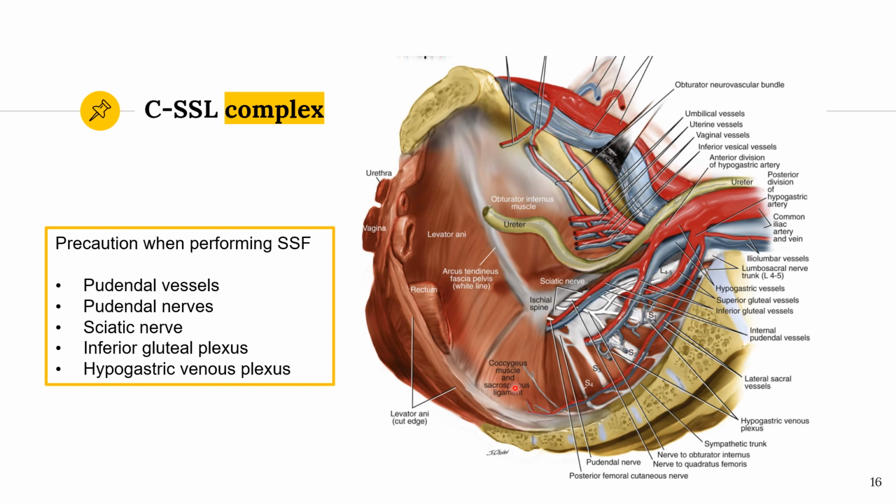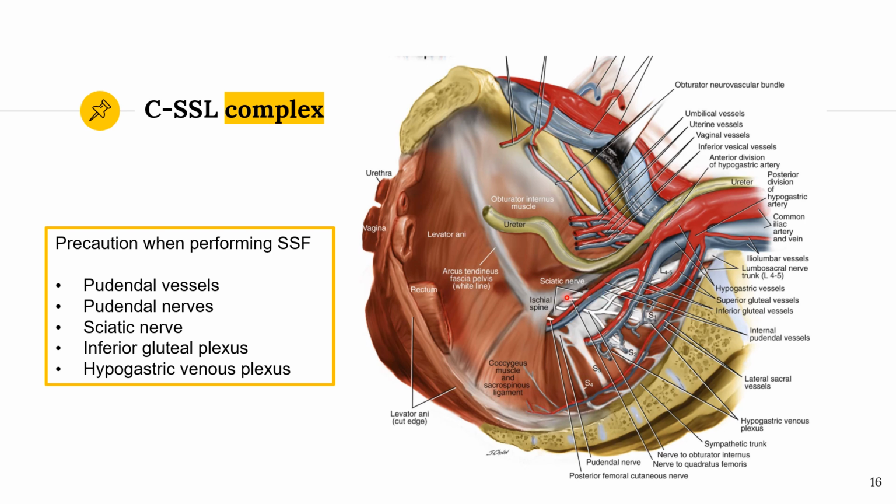Imagine the patient is lying down with symphysis pubis up here, coccyx down here, and vagina is here. When we perform the sacrospinous fixation procedure, we identify our ischial spine first. Then we expose the CSSL complex posteromedially. During the dissection, we must always remember a few things. First, the pudendal nerves and vessels lie directly posterior to the ischial spine.